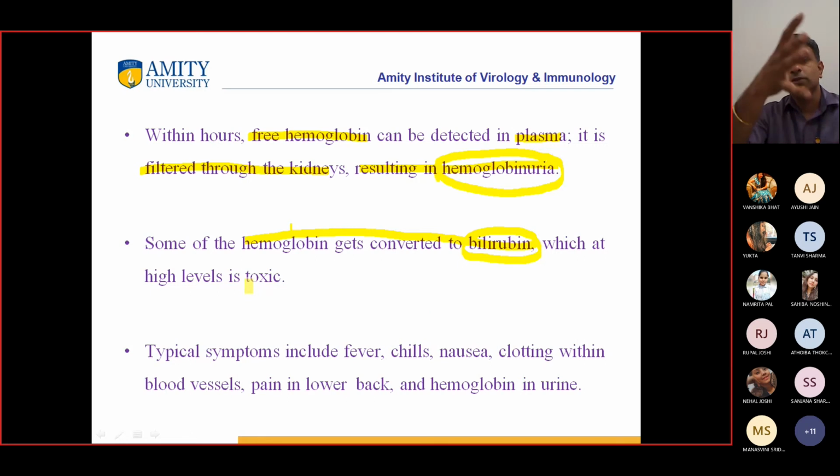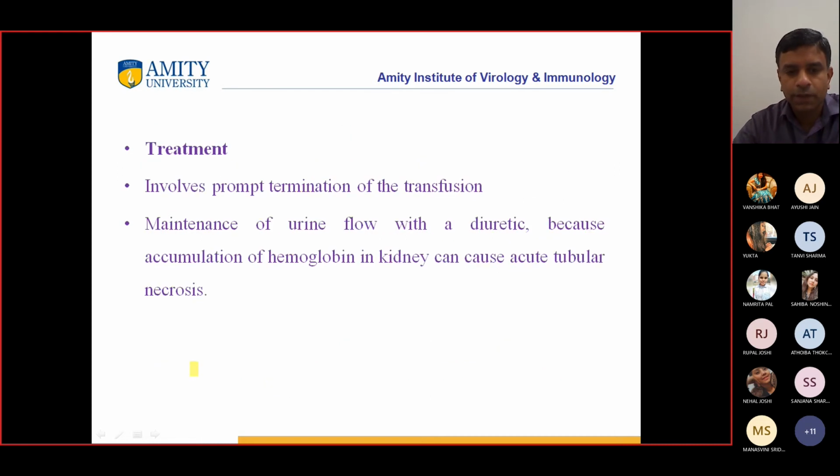So, one, there is presence of hemoglobin in urine, right? Hemoglobin gets converted to bilirubin, which again is a problem. And we have already talked about the symptoms. You know this. Now, what can you do in such a case? The first thing is termination of the transfusion, and then another important thing is maintenance of urine flow with the help of a diuretic.